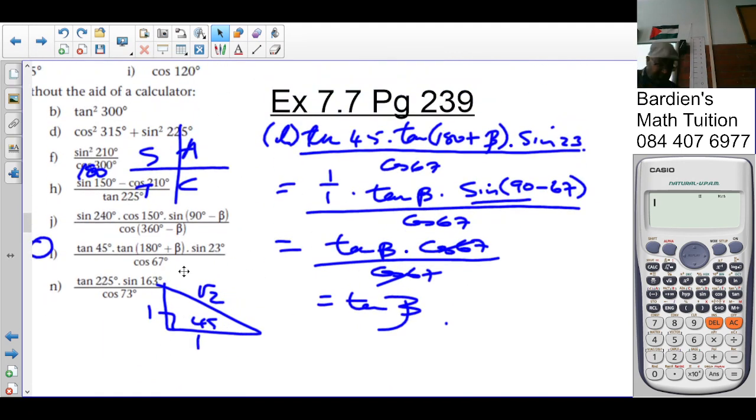So, let's see where we're at. Angles greater than 360 degrees and negative angles. That's your next heading.